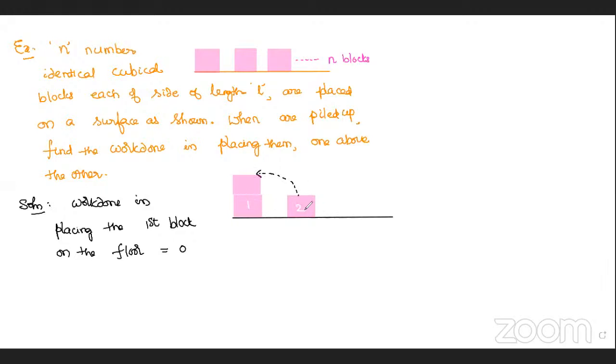While moving, if you consider the dimensions of the cube, side length L, so here the length of this side is L. If you consider the height of the second block as L, then mass is distributed over the total volume.